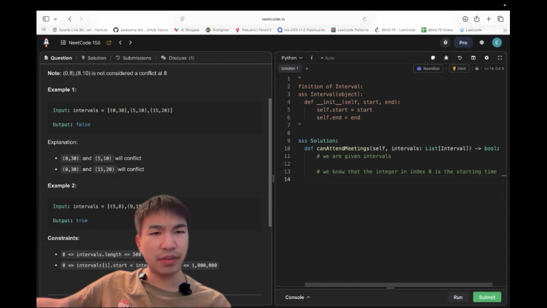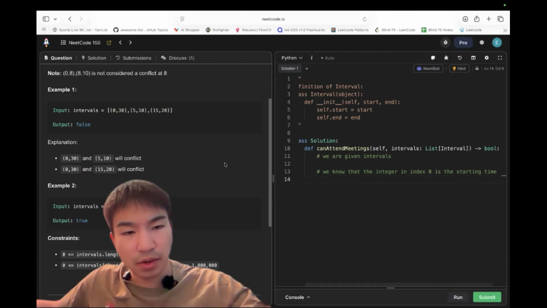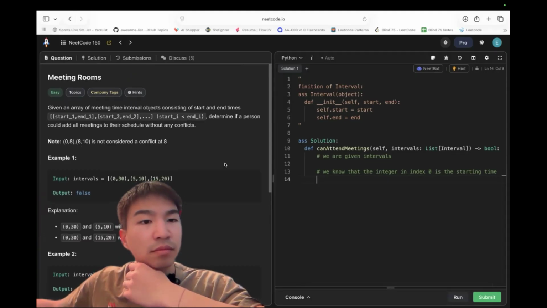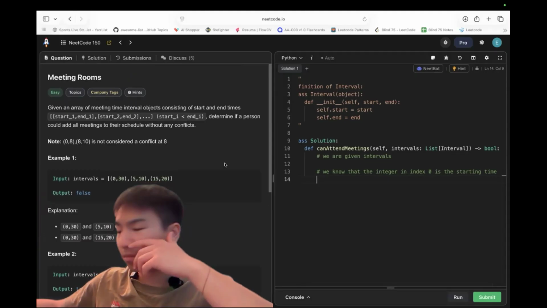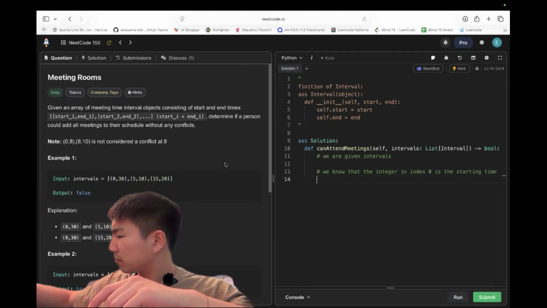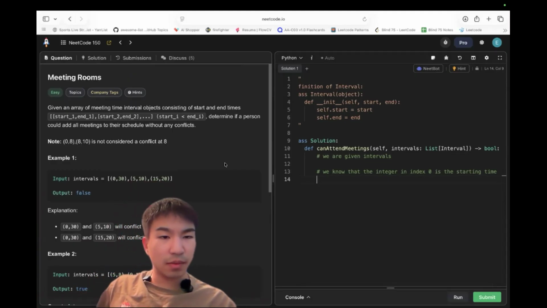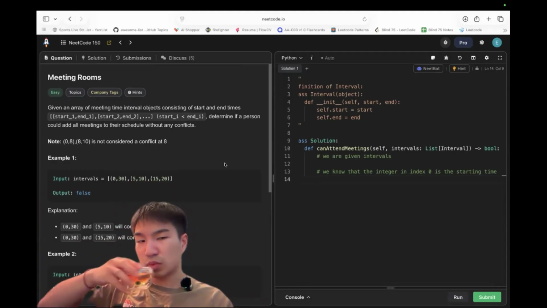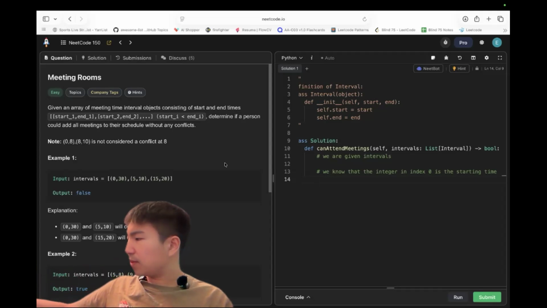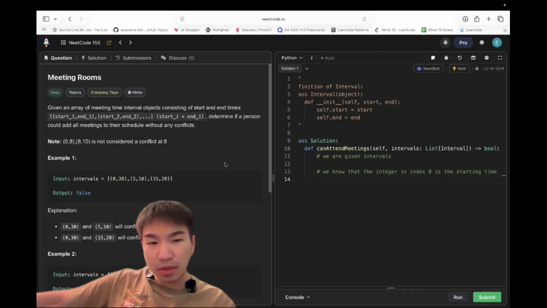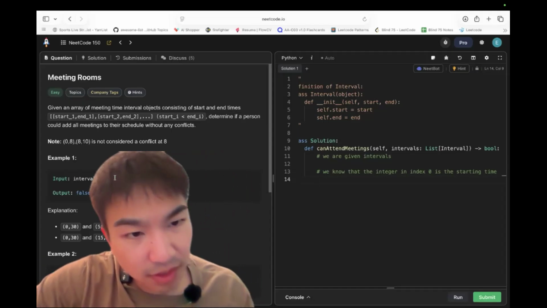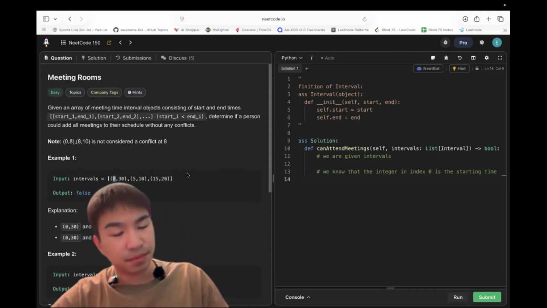The intervals that we're given are not necessarily ordered, are they? Okay. I think we could also sort. We could sort by the first number right here, by the first number in this interval.